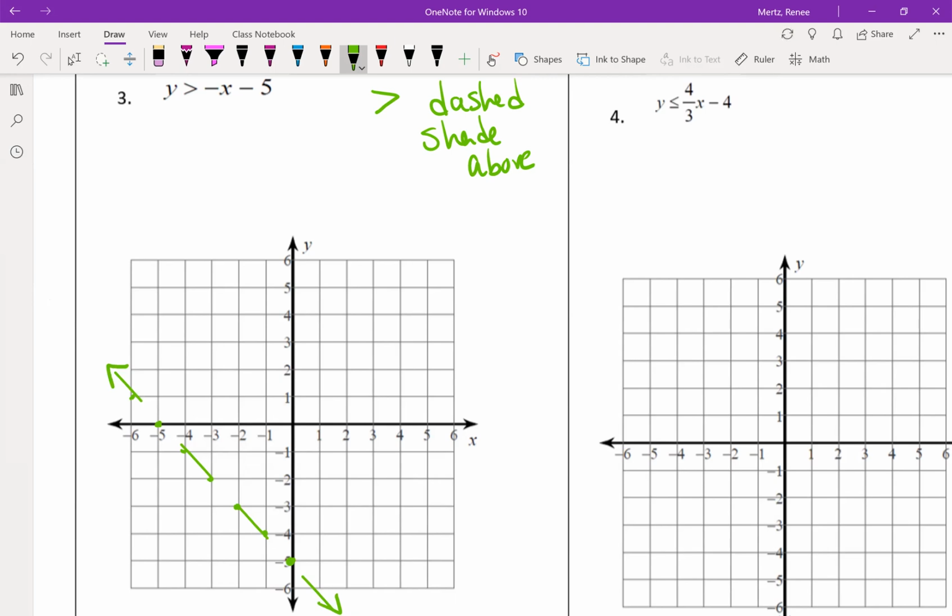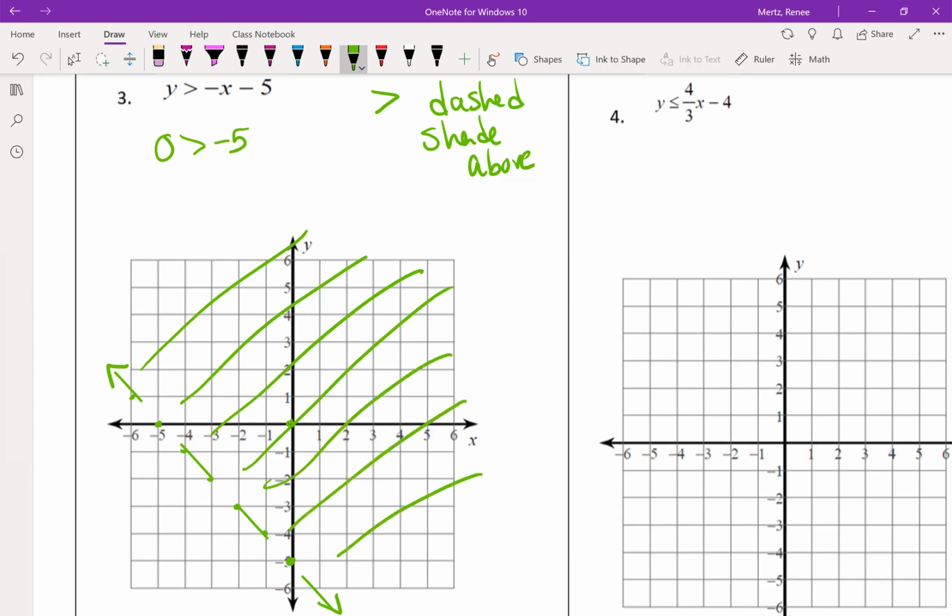Shade above, I know, is going in this direction. This time if I pick 0, 0, it should work. Is 0 greater than negative 5? Yes, it is. So this is shading above. Label my inequality: y is greater than negative x minus 5.